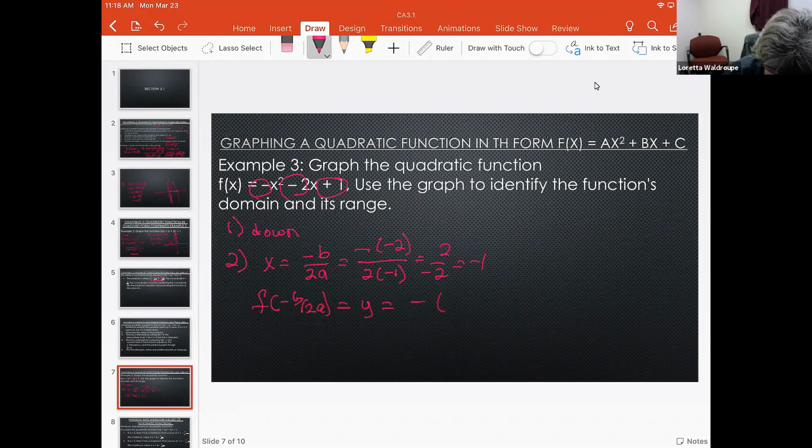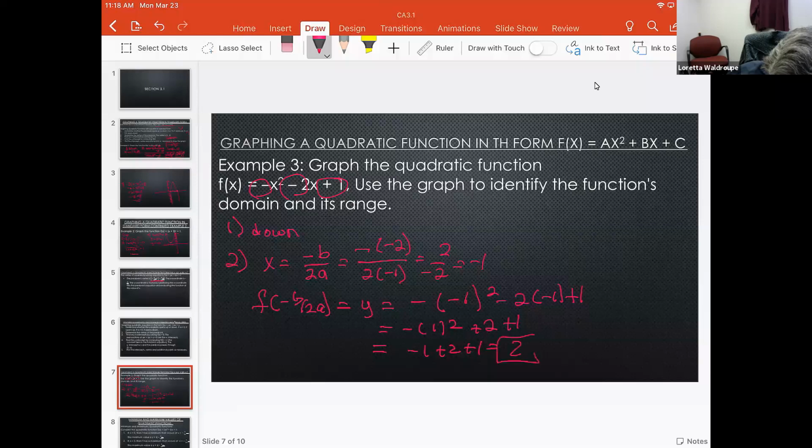In place of x, you plug the value you just found in for x. So my vertex is the point negative 1, 2.